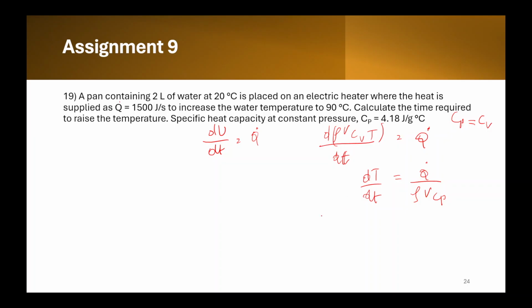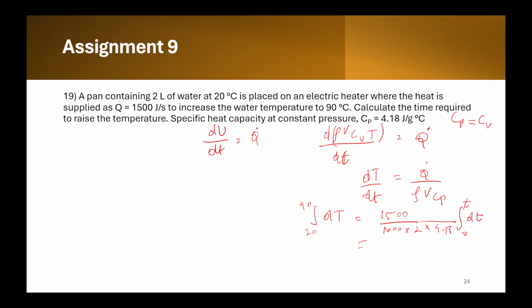So if you integrate this, dT from 20 degrees Celsius to 90 degrees Celsius, and Q dot we know is 1500, divided by rho, which we can take as 1000 gram per liter, volume is 2, and Cp is 4.18, and the small t from 0 to time t.